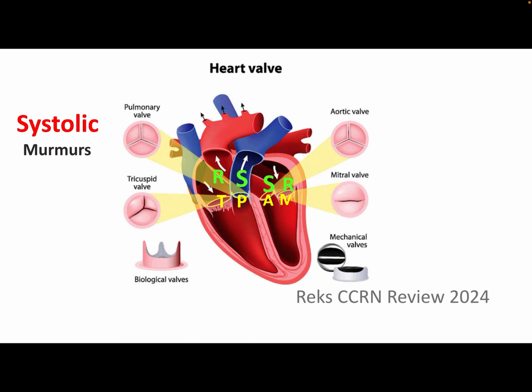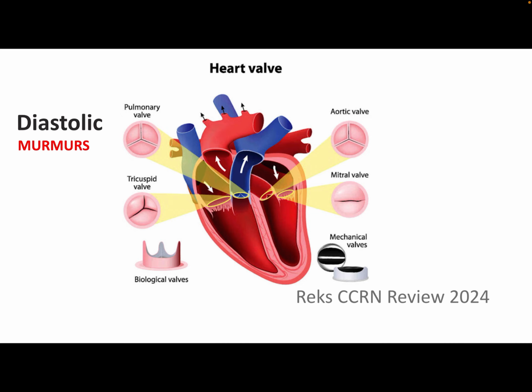So in systolic murmur, I would say that the pulmonic stenosis and aortic stenosis are systolic murmurs, and tricuspid insufficiency or regurgitation and mitral insufficiency or regurgitation cause systolic murmur. Does it make sense? It's so simple.